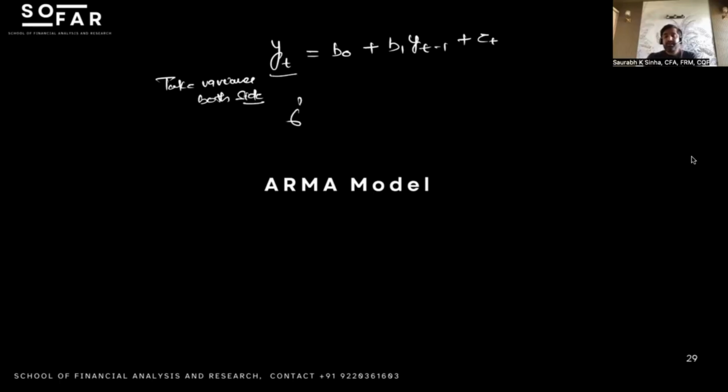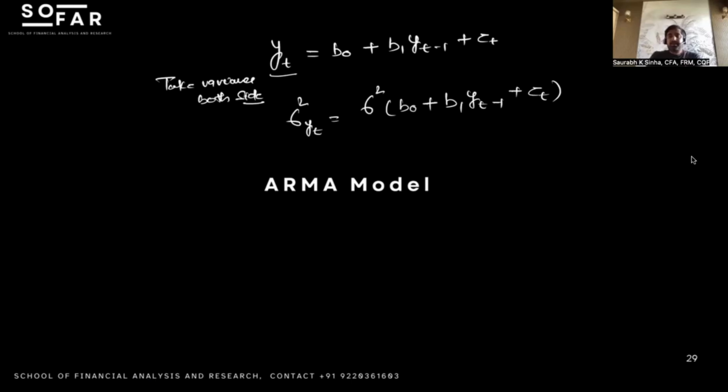So variance of yt is equal to the variance of beta naught plus b1 into yt minus 1 plus et.